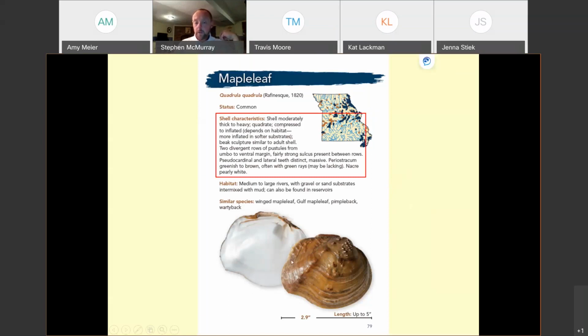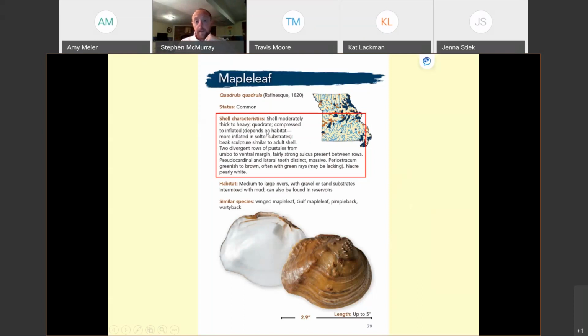It's quadrate. It is compressed to inflated. Compressed means if you have the two valves together and you're looking at it from on top, dorsally, is it thin or is it expanded or inflated? And so compressed would mean that it's a very thin shell.